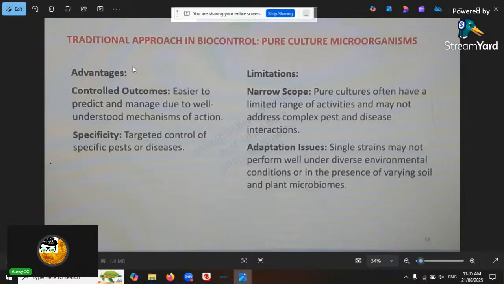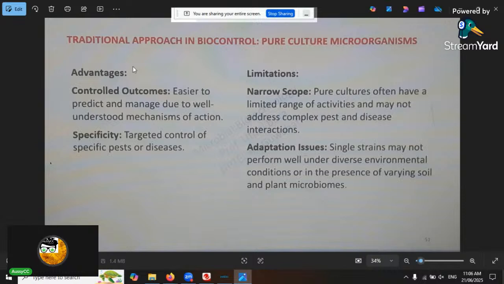But its limitations are pure cultures. There's a narrow scope of pure cultures that often have a limited range of activities and may not address complex pest and disease interactions. So for overall, actually, no, because there are some that do it overall, like Bacillus thuringiensis, a biocontrol for pests, to get different types of pests, insects.